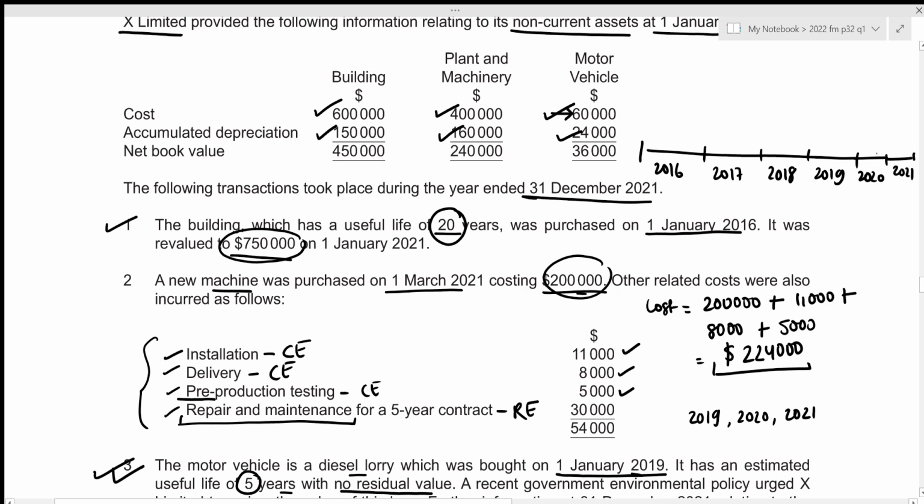So the revaluation is being done at this particular date, which means that these 5 years have already passed. So now the remaining useful life is going to be 20 minus 5, which is 15 years, right? So now our estimated useful life is going to be 15 years at the date of 1st January 2021. And we have our revaluation amount of 750,000, which now acts as our cost.